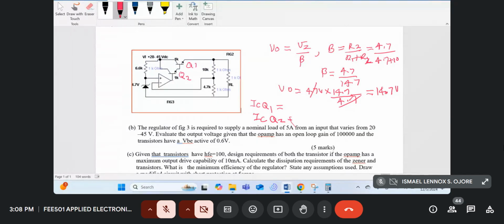Now for our system, it was designed to supply 5 amps. So IC Q1 is 5 amps. And IC Q2 will be 5 amps divided by HFE Q1.